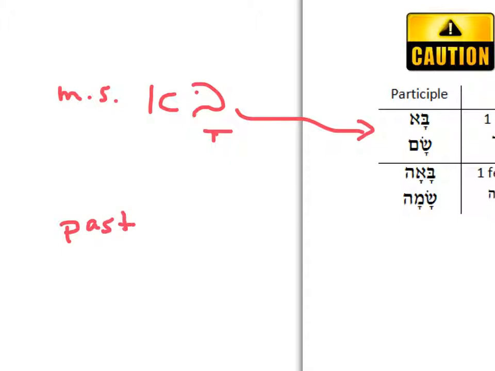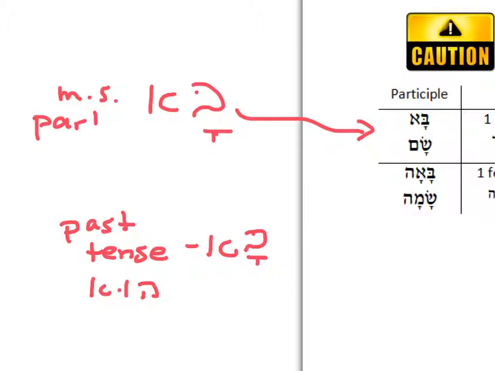Past tense for whom? So, ba could be a past tense he, or it could be a masculine singular participle. It looks the same. It's conjugated the same. The trup is the same. Everything's the same.